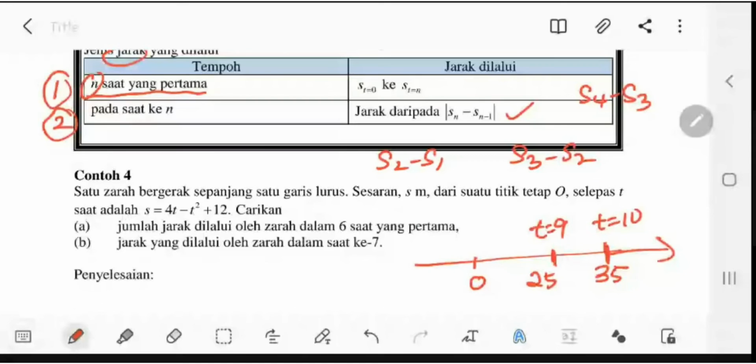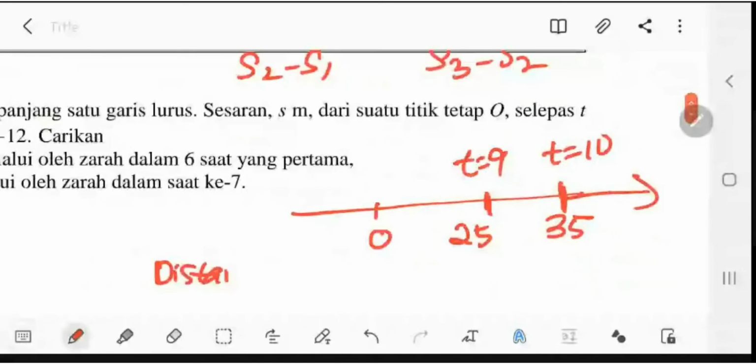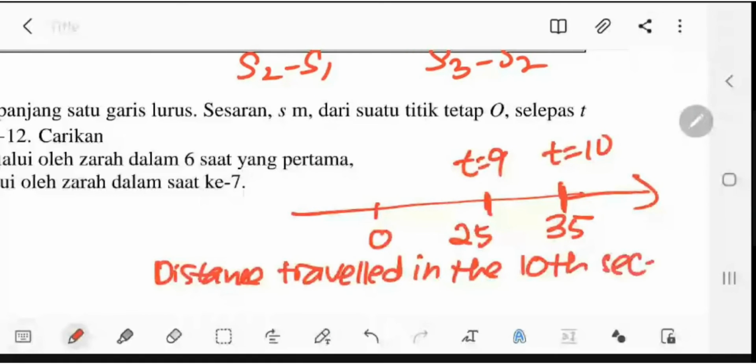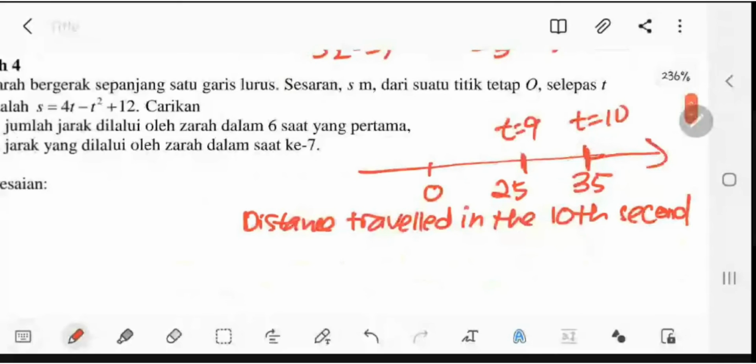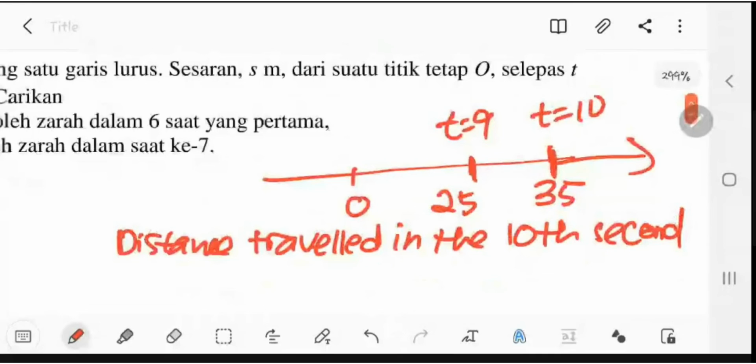Kalau soalan kata distance travel in the 10th second, maksudnya kita ambil S10 minus S9.